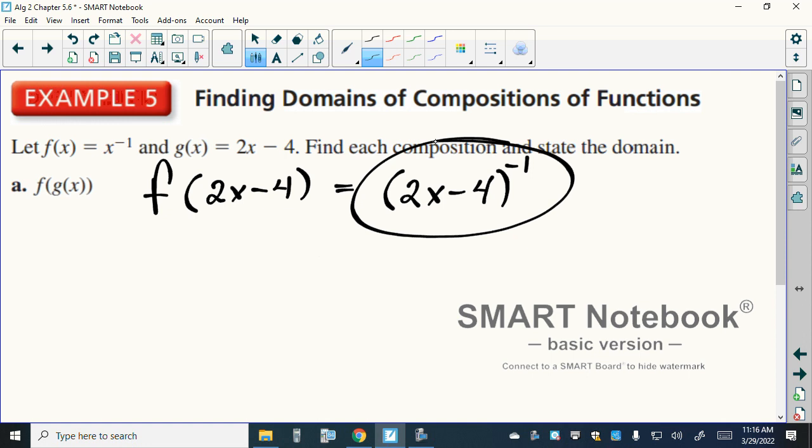We're not going to delve into the domain of this, because when we talk about the domain, we're looking at the restrictions of how the composites work with each other. And that gets more complicated than what I want to dig into here.